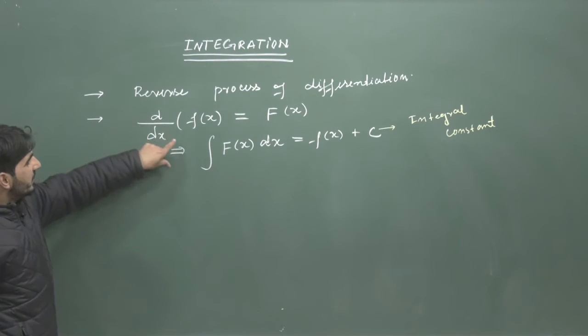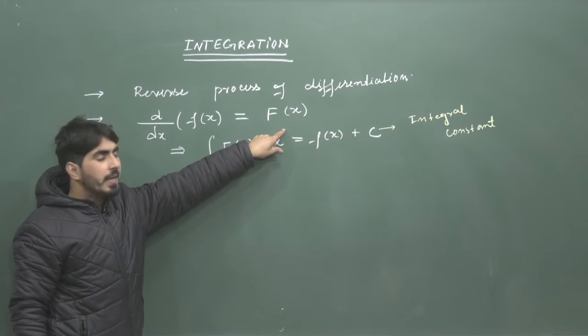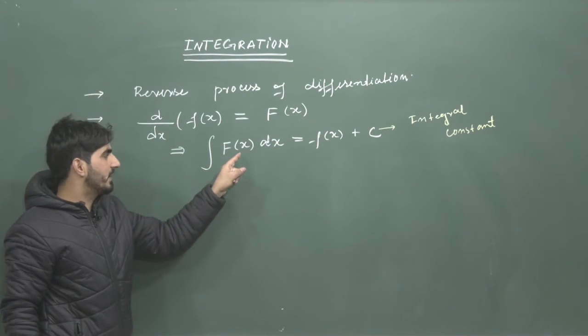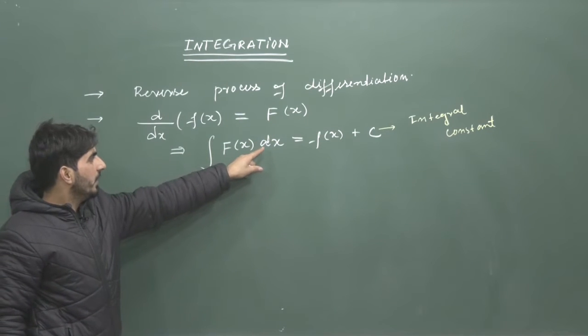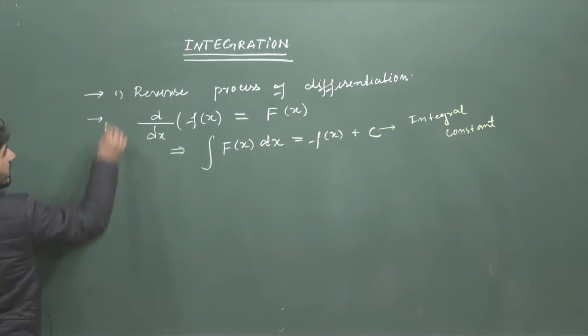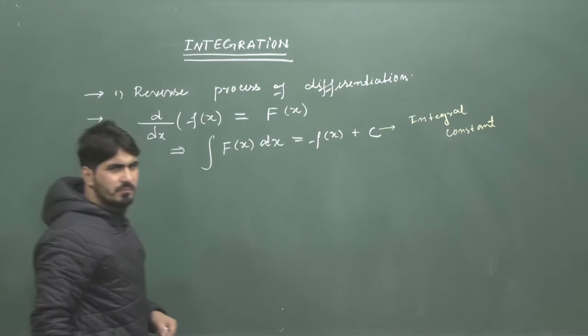So we know that differentiation of f of x is capital F of x. Then inversely we can say integration of F of x dx is f of x plus c, because point number 1 says integration is the reverse process of differentiation.